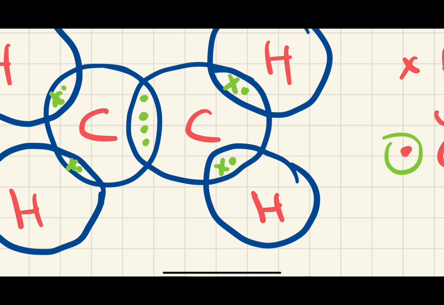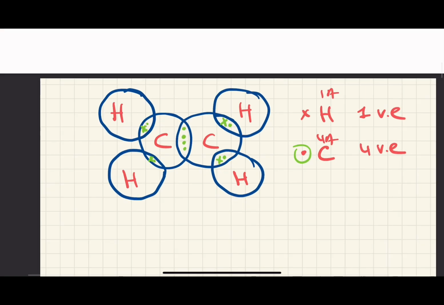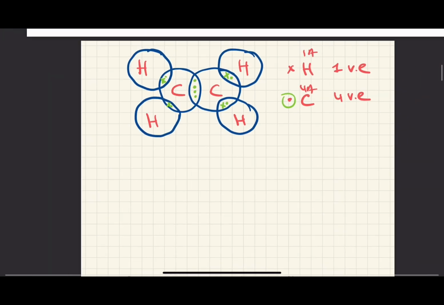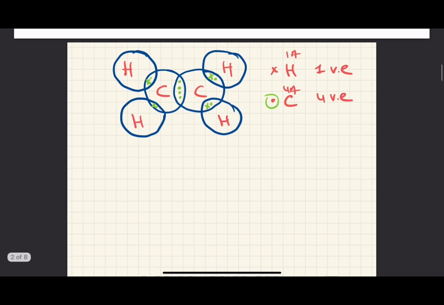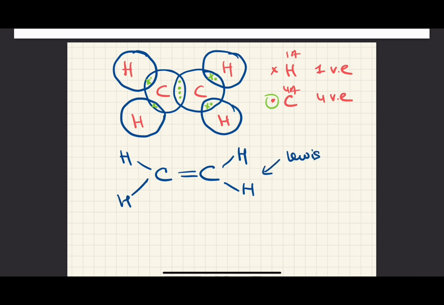As you see, this carbon has a complete octet and this carbon has a complete octet, and that's what we have. Now when you draw this, you're just going to draw carbon, double bond, carbon, and then a hydrogen like this, hydrogen like that, and then like this and like that. Now this is the Lewis diagram. Now this is dot cross.